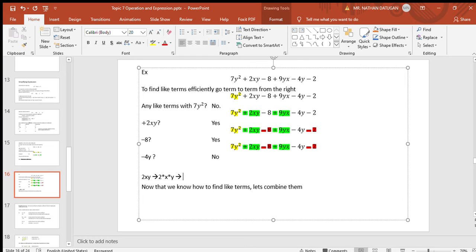So that means 2xy is basically the same thing as 2 times y times x, which has the same variable part as yx, right?